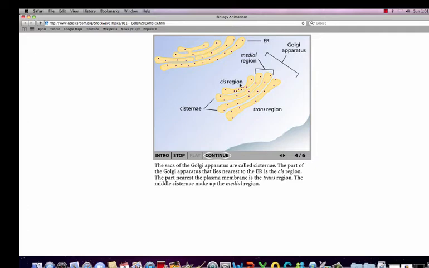And that sounds like someone is going to the ER, but not the endoplasmic reticulum, but the emergency room. So remember, ER stands for endoplasmic reticulum. Okay? And then this is the trans region, and the trans region is the region nearest the plasma membrane. Okay? Let's continue.